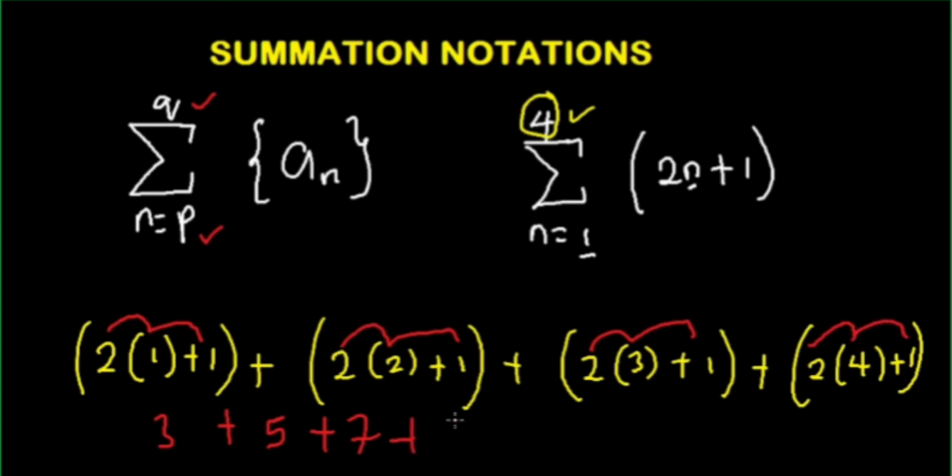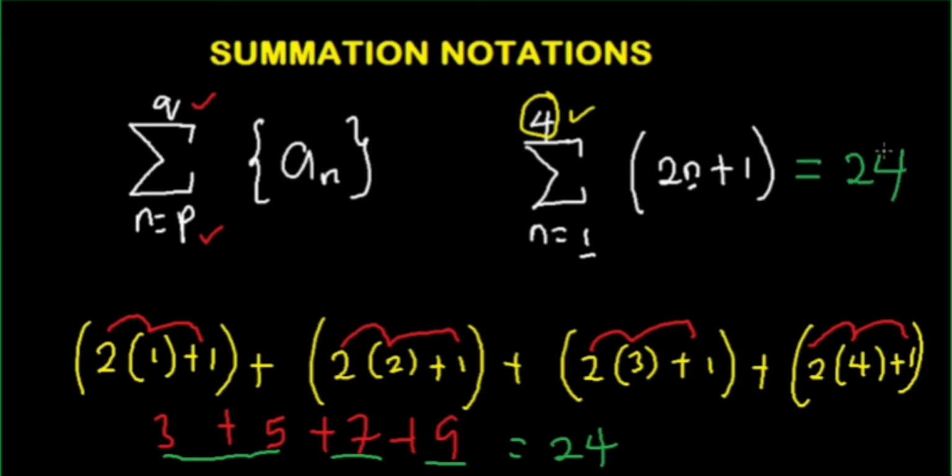You just sum all of this together to give you the final answer. So 3 plus 5 is 8, 8 plus 7 is 15, 15 plus 9 is 24. The final answer for this one will be 24.